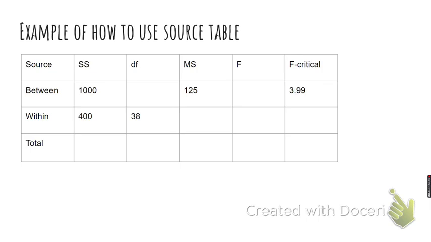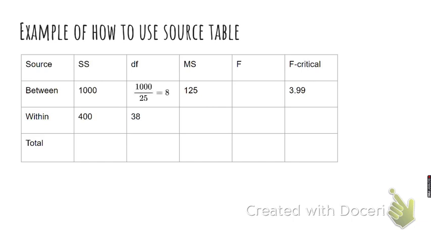So for degrees of freedom between, if you look, the mean of squares between, or the MSB, is SSB divided by DFB. Okay, so MSB is SSB divided by DFB.